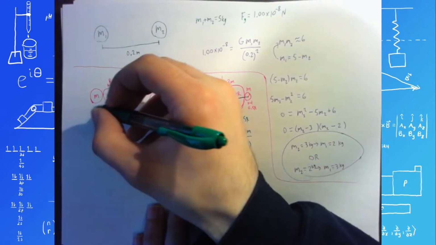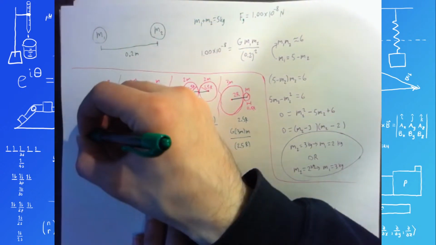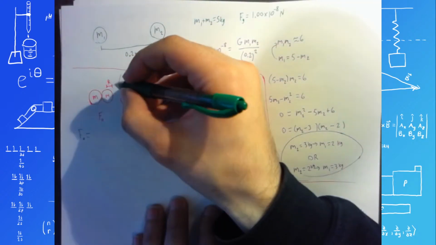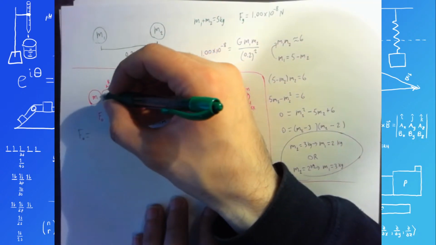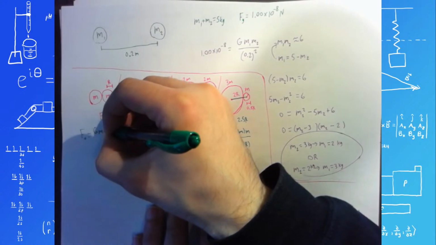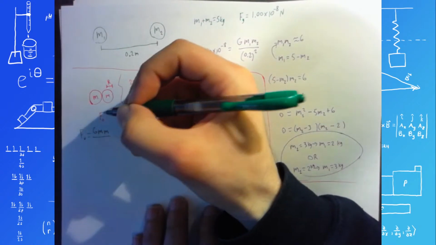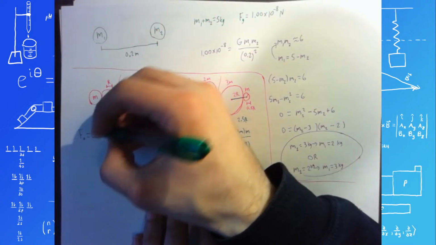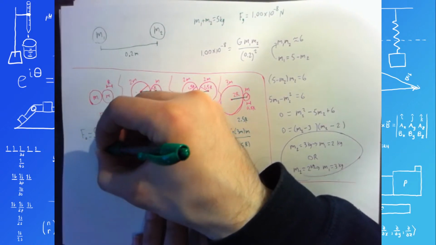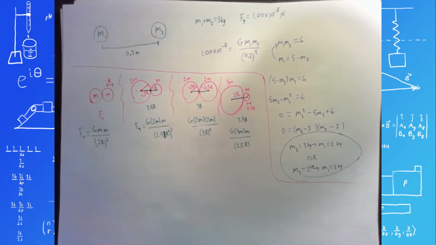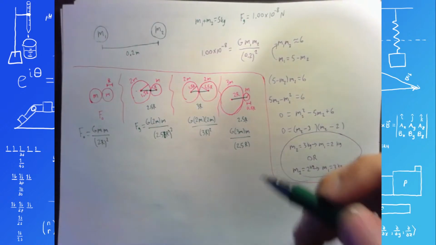And of course, for comparison's sake, I would want to write this one, F0, is going to be big G m over the distance between these, which is r plus r, 2r, squared. And yeah, let's just compare each of these to F0.